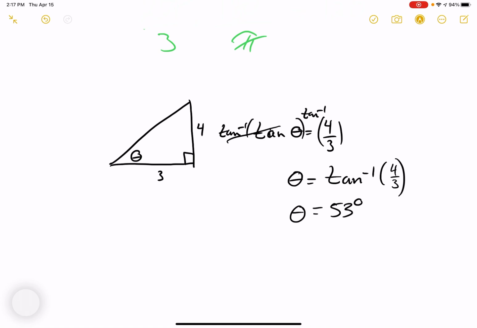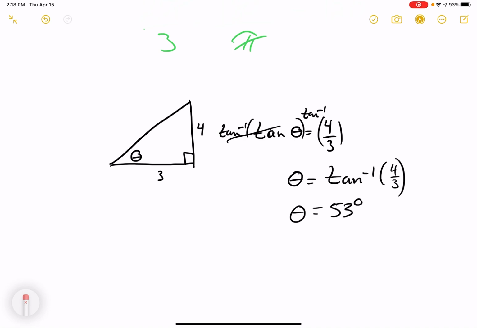These two are going to cancel out because they're inverse functions. And I'm going to get theta is equal to the inverse tangent of 4/3. This -1, by the way, indicates that it's an inverse function and not the reciprocal function of cotangent. I know sometimes that the notation can be a little bit problematic.